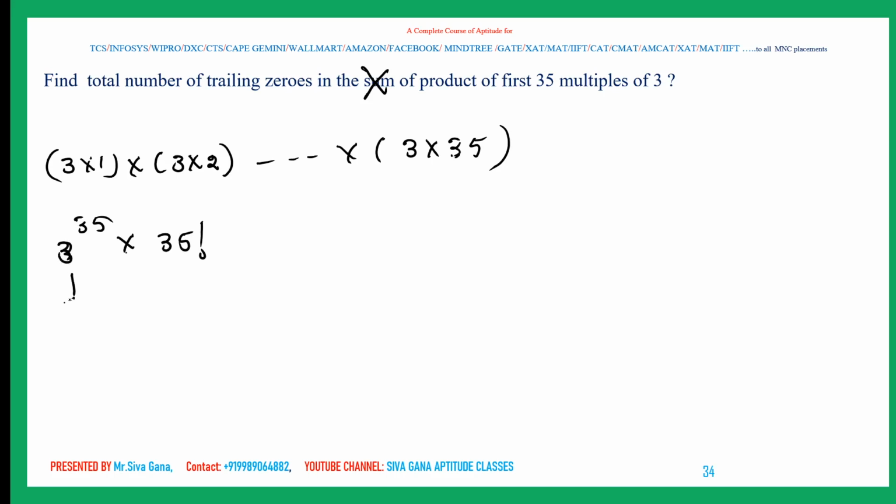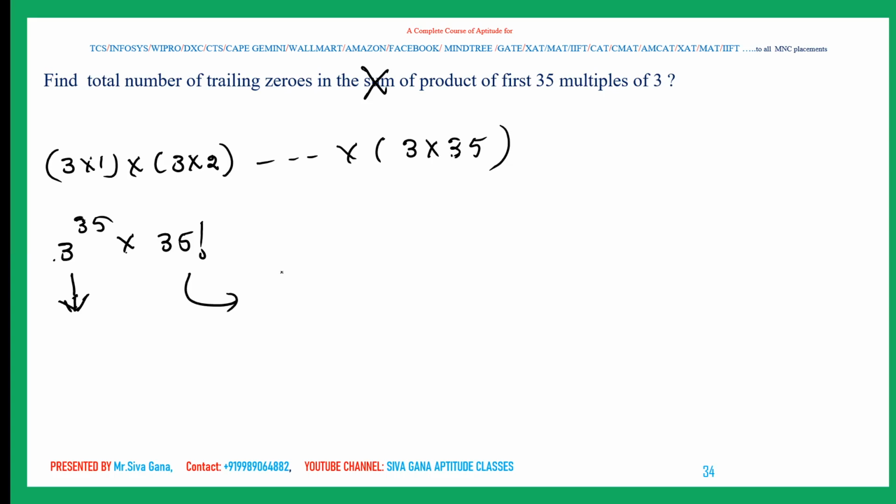There is no use with 3 power 35 because it is nowhere useful in the calculation of trailing zeros. With the help of 3 power, there is no formation of trailing zeros. That is the reason why this is not necessary for us.